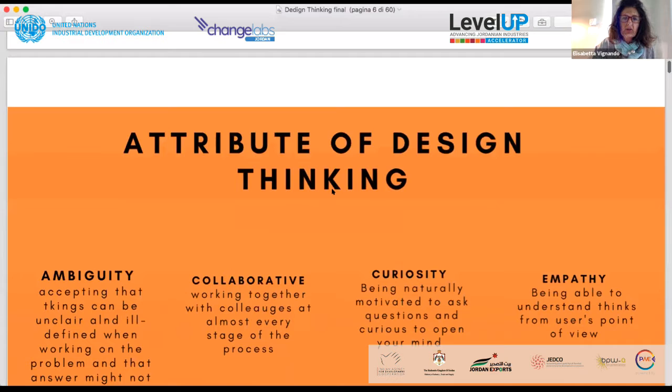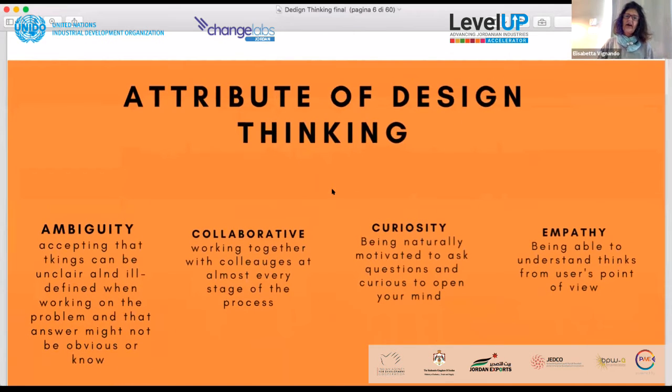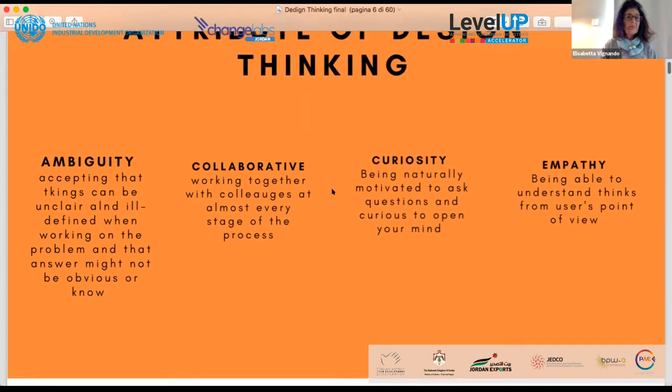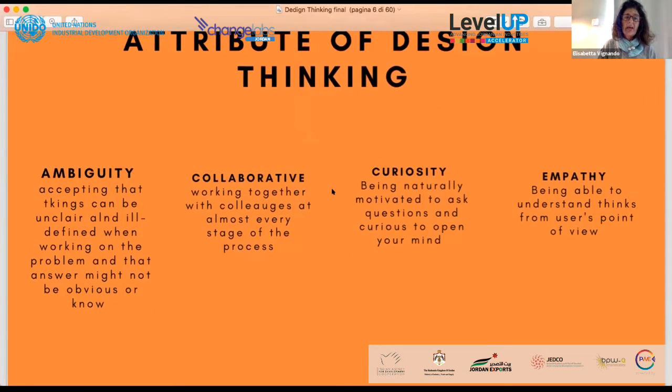Design thinking has attributes that are very clear to define the whole process for SMEs. Ambiguity first. We have to accept that things can be unclear and undefined when we work on a problem, and that the answer might not be obvious or known.